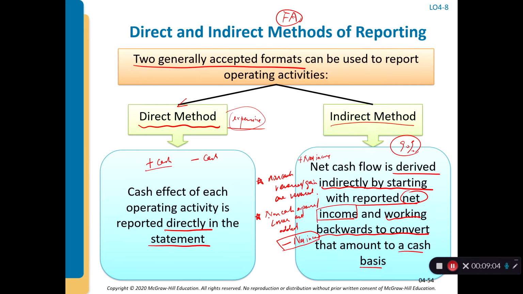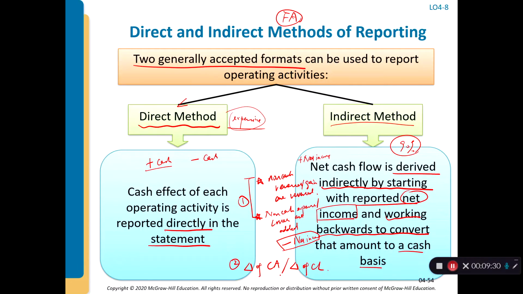So that is the first kind of adjustment to net income. The second adjustment is for changes in current assets or current liabilities. This is because the change represents amounts that are included as a component of net income, but are not cash flow.